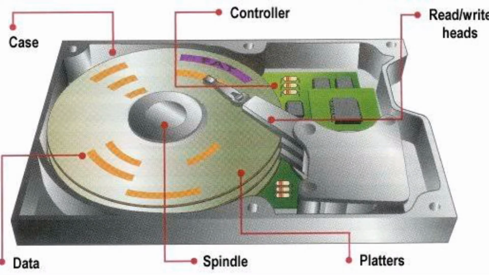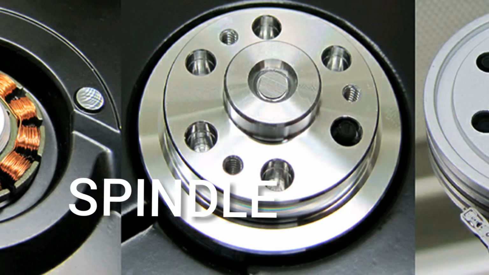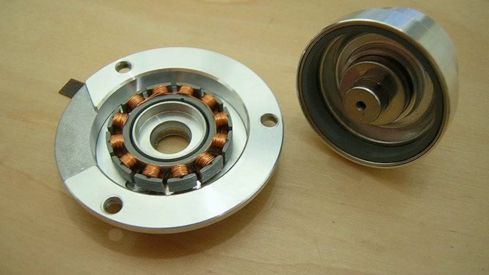So in HDD, first, we're going to talk about the spindle, which is a shaft connected to a motor, which is this one. It's the base of that thing, and this is the motor actually inside.